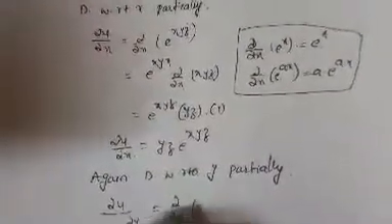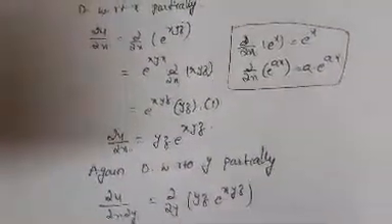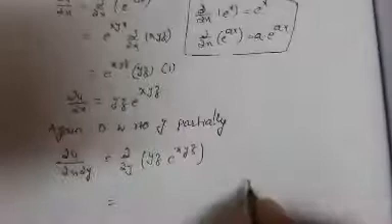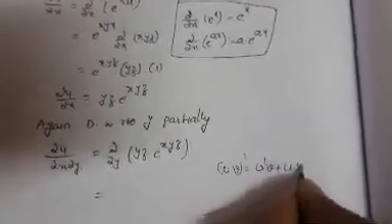So ∂/∂y of what is that function? yz into e power xyz. Now treat this in the form of uv. What is the formula for uv? (uv)' equal to u'v plus u into v'. So this is the formula for (uv)'.